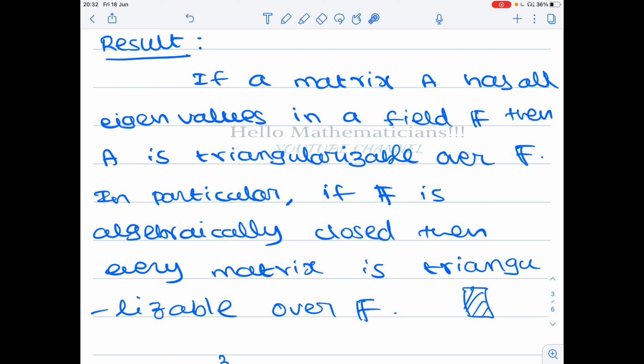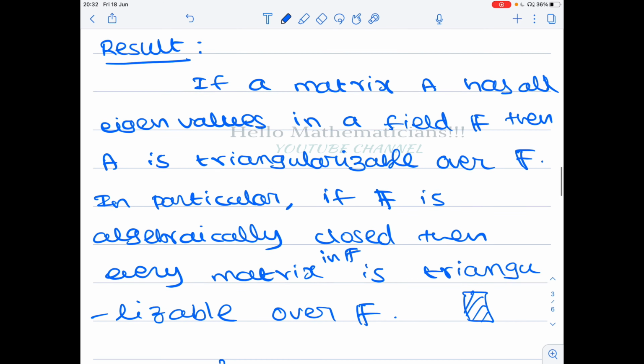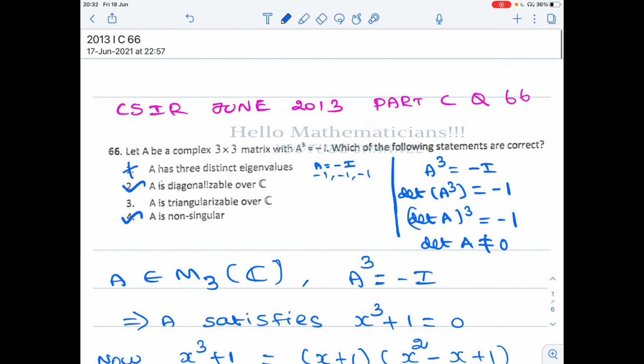Therefore, if F is algebraically closed, then every matrix with entries from F is triangularizable over F. Now C is algebraically closed: every polynomial over C has a root in C, actually all the n roots will be in C. Therefore, we conclude that A is triangularizable over C. Okay, I hope you understand the problem clearly. If you have some doubts, please let me know. I will meet you with some different problem. Thank you, guys.